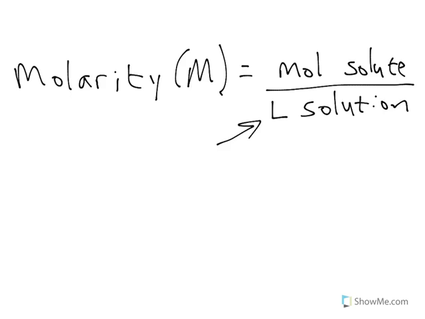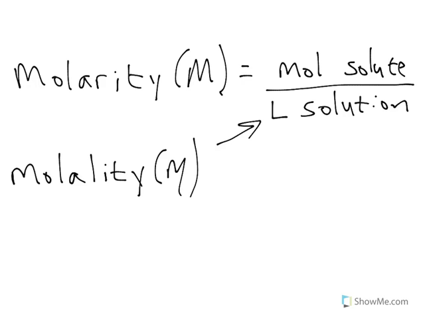So we need to find some units that are not temperature dependent, and 2 that we're going to use in colligative properties is something that sounds like molarity, unfortunately. It's called molality, and it gets the symbol of a lowercase m. It's quite difficult to tell the difference sometimes between an uppercase and a lowercase m, so I try to dramatically put that little tail on my m to indicate that I'm dealing with molal.